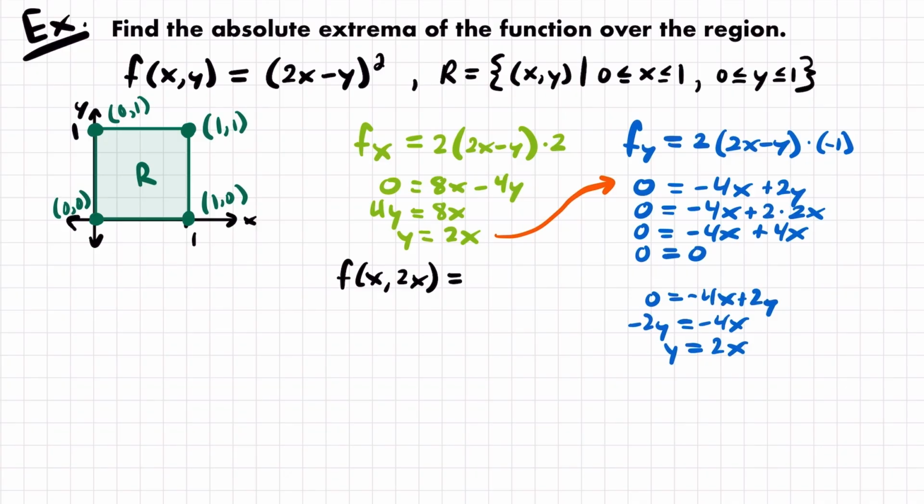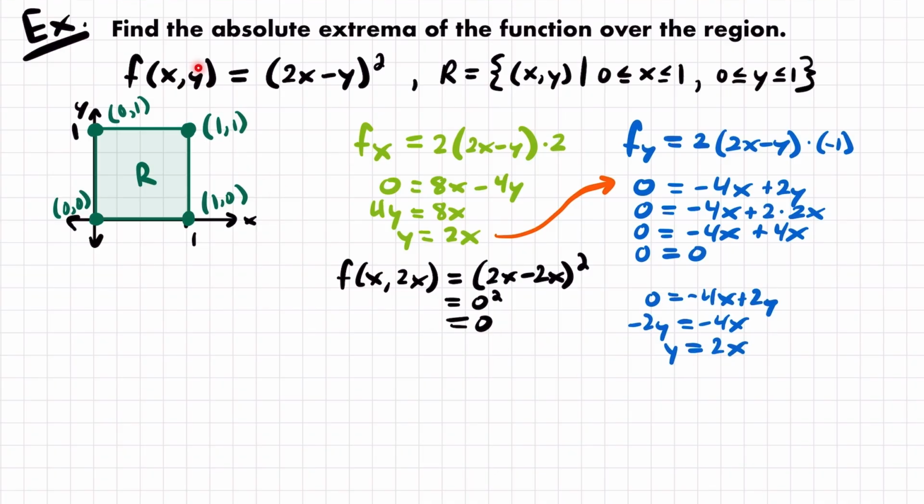And so the function evaluated at that line will give you 2x minus 2x squared, right? We're just replacing y with 2x. And 2x minus 2x is 0, so this is equal to 0 squared, which is 0. And what that means is that all of the points along this line, or any coordinates of x and y that make this equation true, will have a z-coordinate of 0.